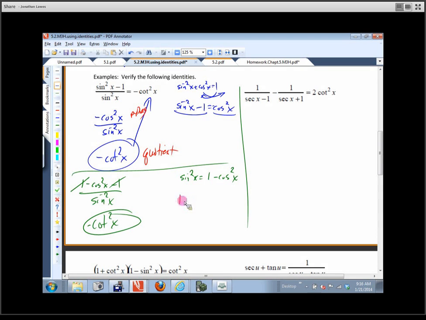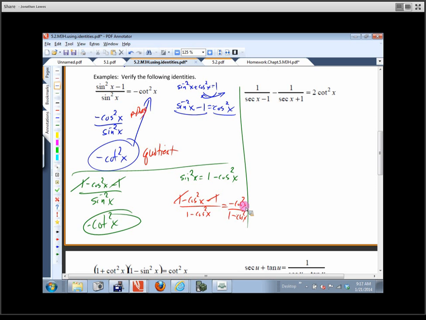If we did this on the top, and we did it on the bottom, that would go away, and that would leave us with negative cosine squared x on the top and 1 minus cosine squared x on the bottom. Okay? And then are we any closer to where we need to be? Not really. If you take a good look at it, it's this one flipped over with a different trig function. It's cosine squared rather than a sine squared.